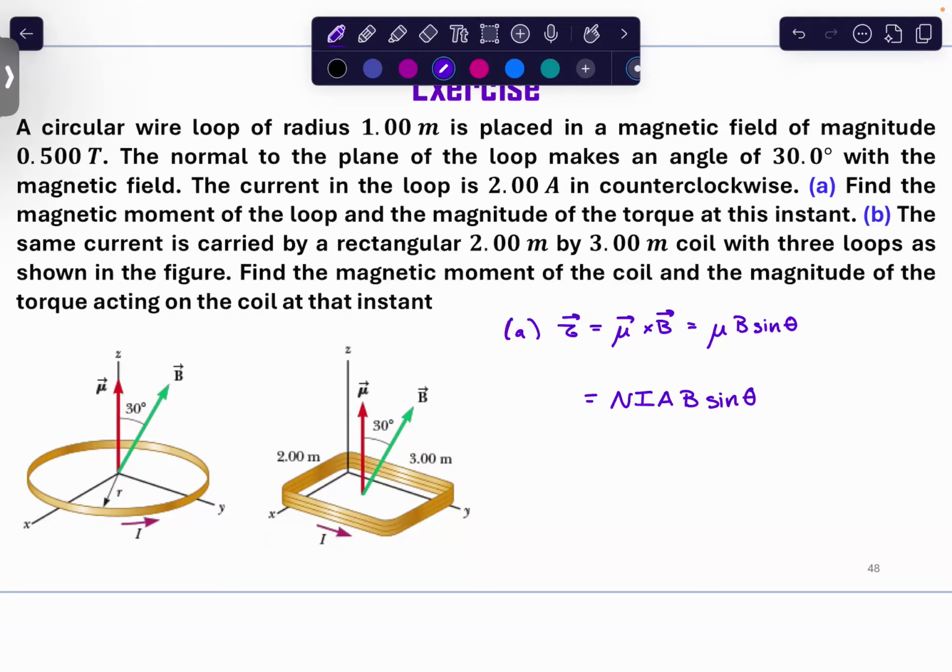But what's the area? So we can take that out. N is one, so it's I. What is the area? So when you plug your numbers into this, you should get a torque of 1.57.